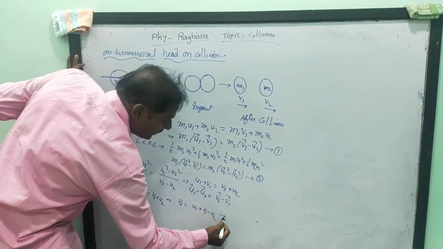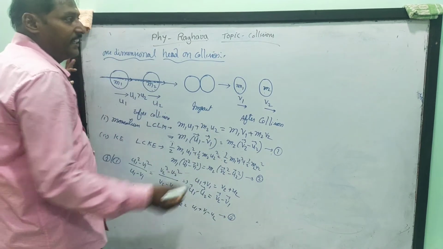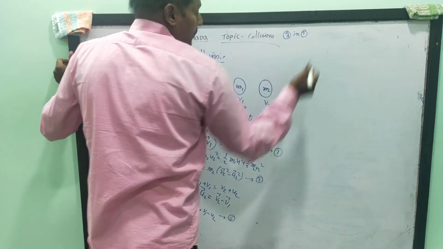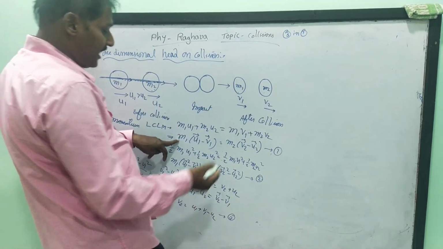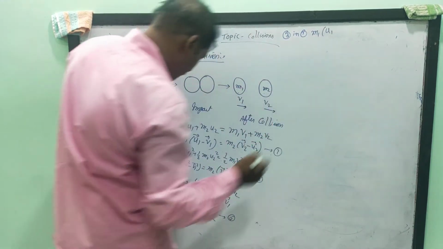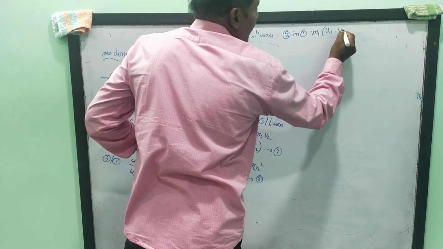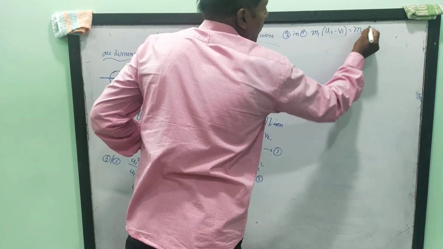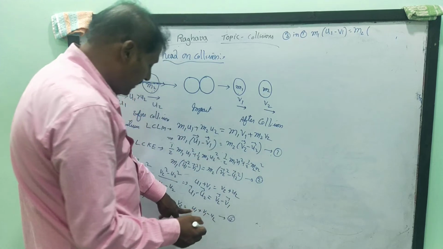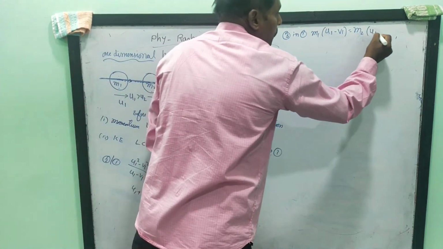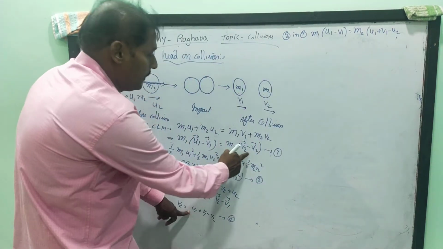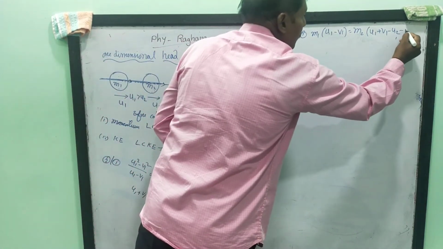Substituting this value, equation 3 in equation 1, we can write m1 of (u1 minus v1) is equal to m2 of (v2 minus u2), where v2 means u1 plus v1 minus u2, minus u2.